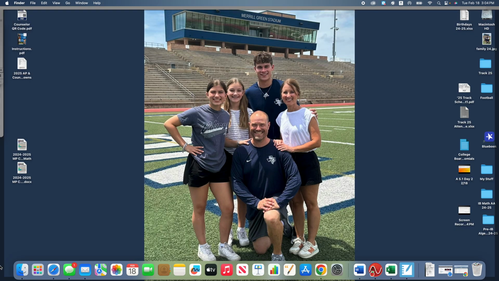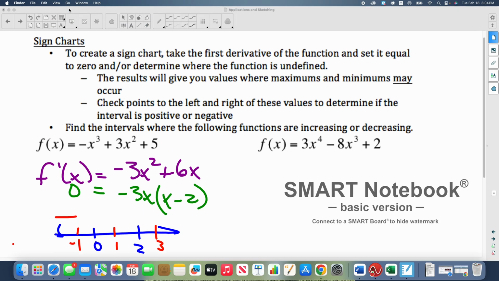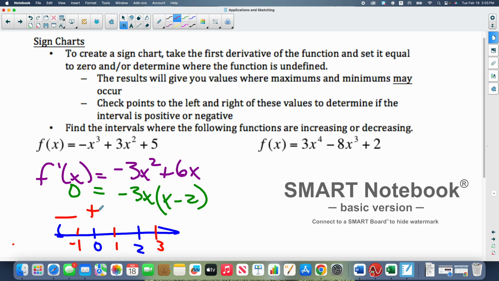I'll plug the 1 in. That's going to give me negative 3. 1 minus 2 is a negative 1. Negative times negative is positive. Okay? And if I put a 3 in, I get a negative 9. I get a positive 1. Negative times positive is a negative.